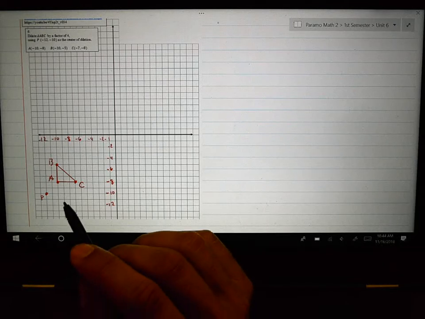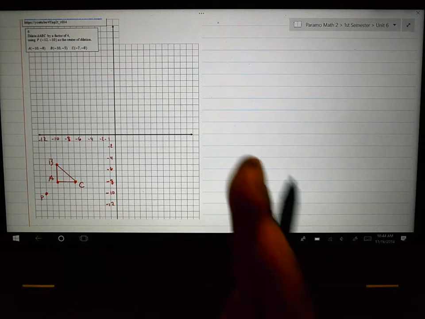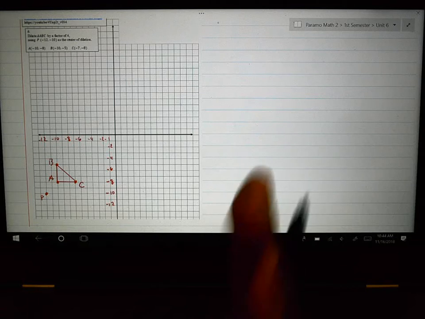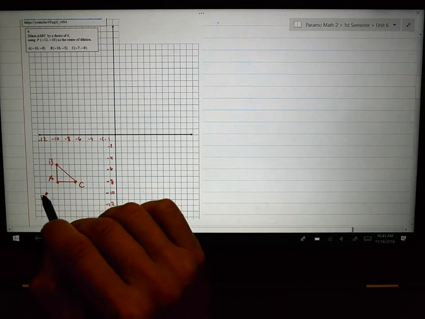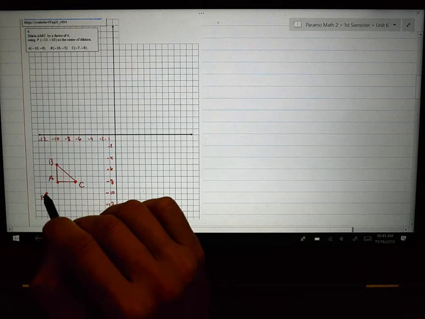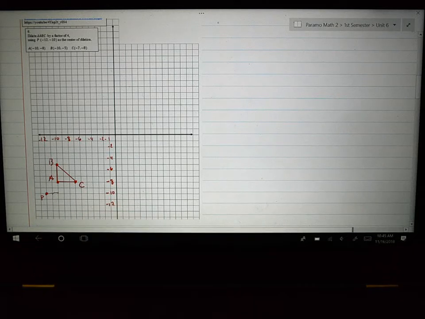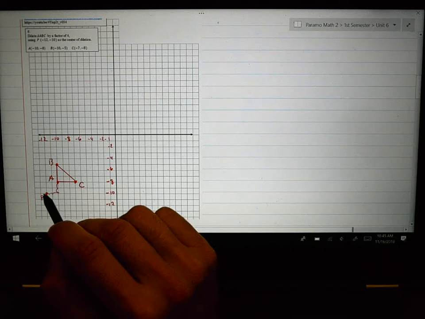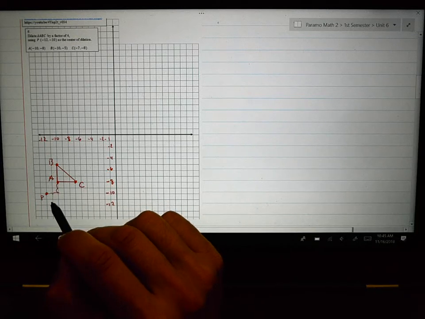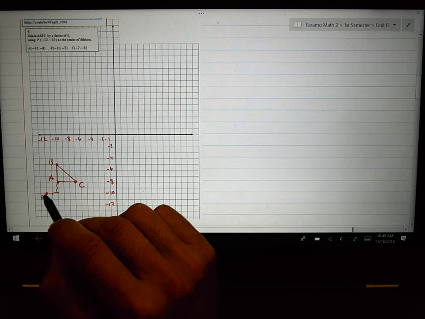We are going to count horizontally and vertically and then multiply that by 4 and do it 4 times. Here we go. From the center point P to A, I go 2 to the right and 2 up. That's how I get from P to A. I need to do that 4 times. So 2 to the right, 2 up.